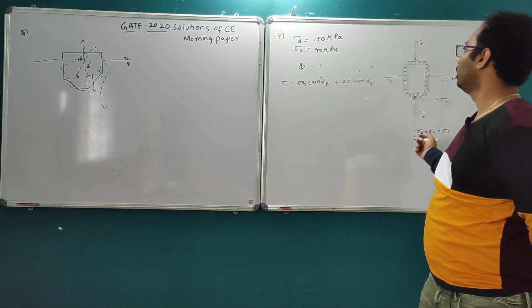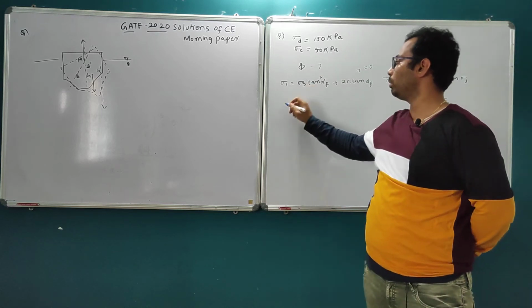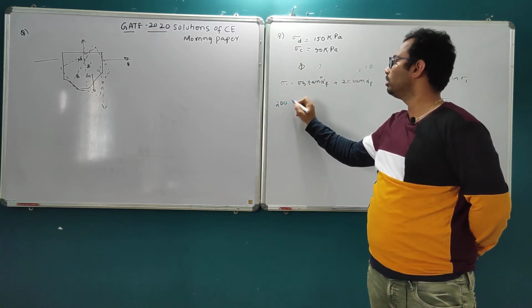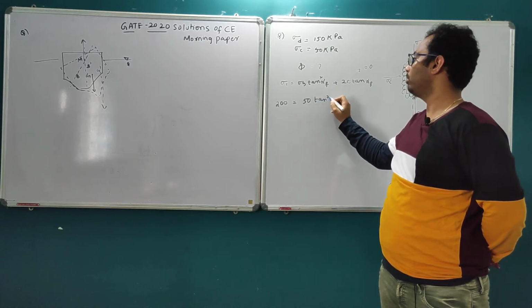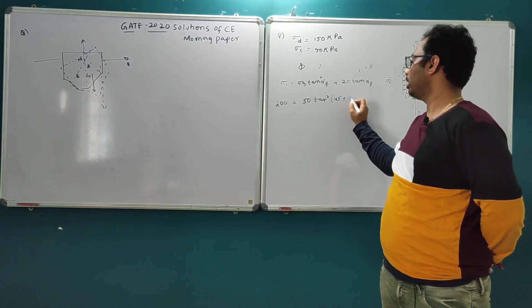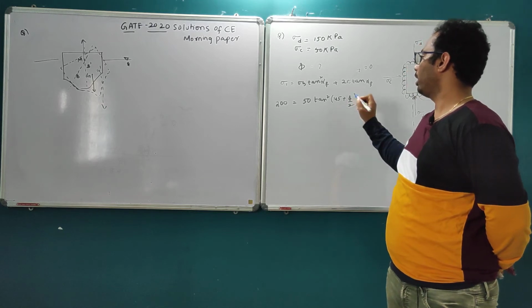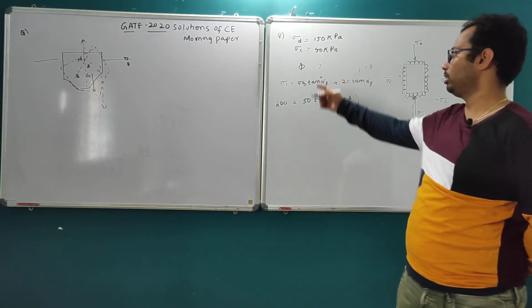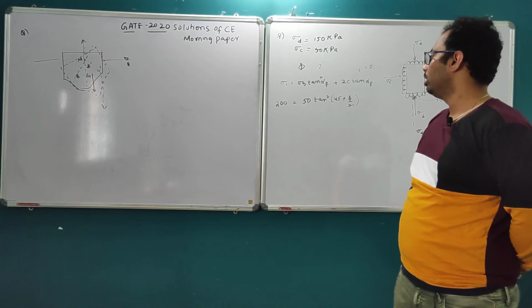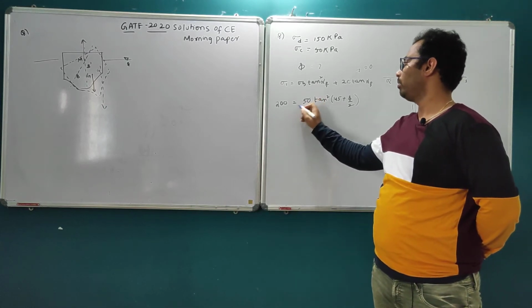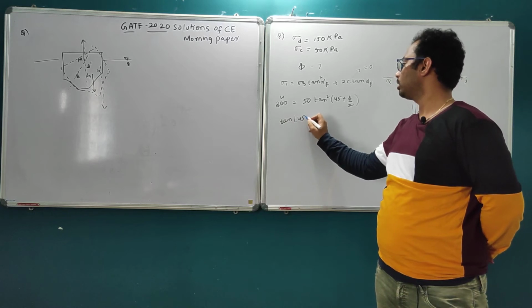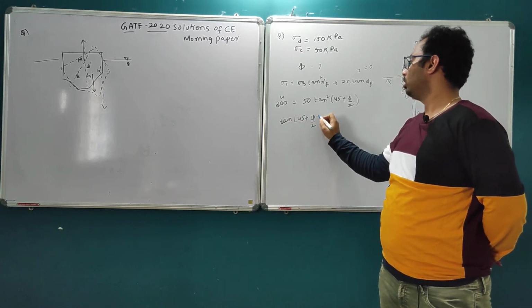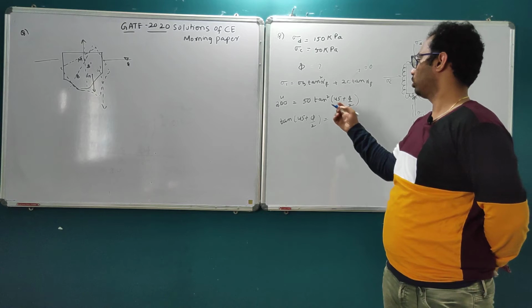Sigma 1 is the summation of these two, that means 200. Sigma 3 is 50. So 200 by 50 is 4, equal to tan square alpha f, where alpha f is 45 plus phi by 2, and phi is the angle of internal resistance, which we need to find. So tan of 45 plus phi by 2 is equal to 2, the square root of 4.